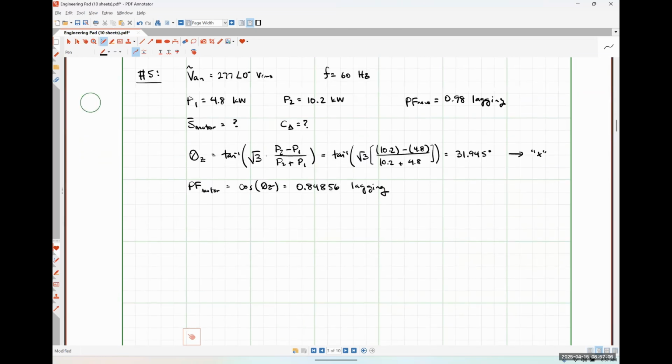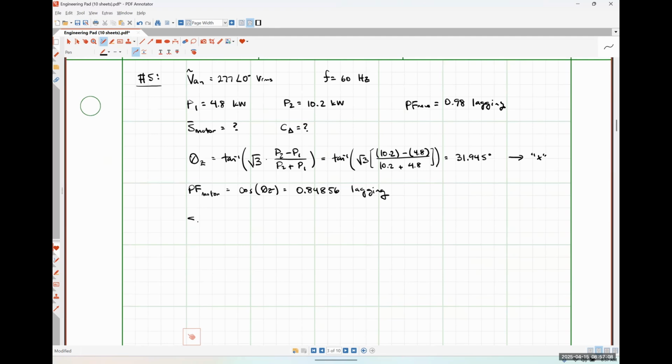So from here, we can say that the total complex power absorbed by our motor is just going to be P1 plus P2, that's our total average power, divided by our power factor with an angle of the theta z that we already determined.